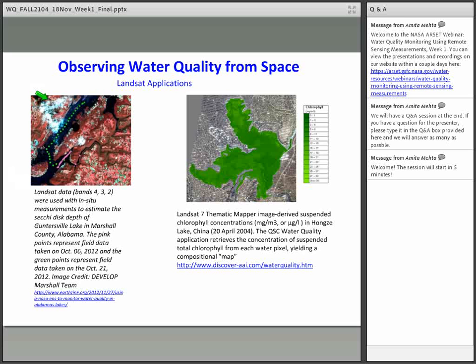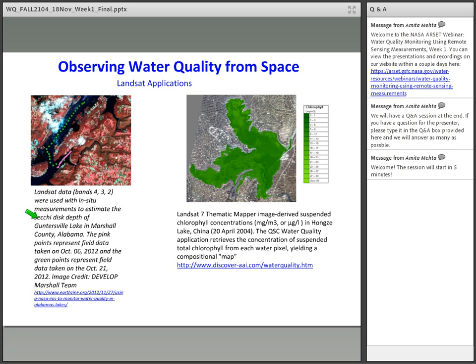This is one case study that was done by a NASA DEVELOP program. This is also a capacity building program, and a link is provided here, and we encourage you to visit this site. This project used Landsat data and in situ measurements of Secchi disk depth. This is a disk that is placed in the water, and the depth at which you can no longer see the disk depends on the transparency of water.